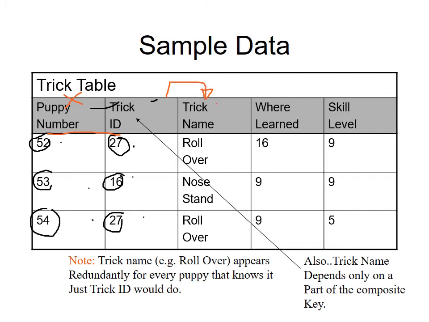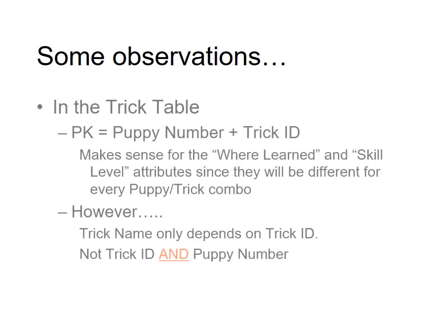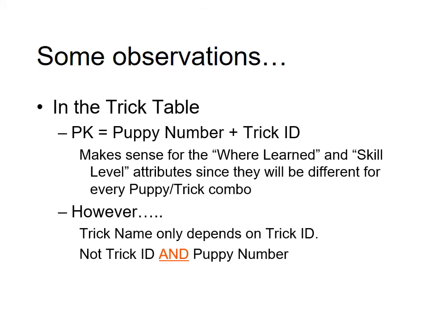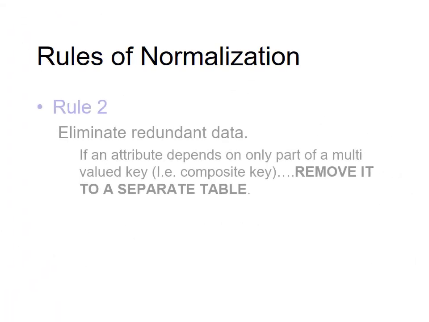And when an attribute is only partially dependent upon part of the composite key, then it's a candidate to be removed and put into its own table. So once again, we reiterate that there's a partial dependency with that.